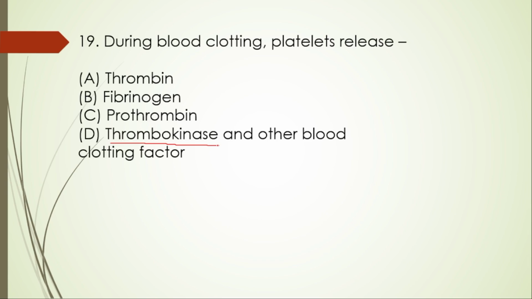It converts the inactive protein prothrombin into active thrombin in the presence of calcium ions. Then the activated thrombin converts soluble fibrinogen into insoluble fibrin. So the right option for the 19th question is option D.